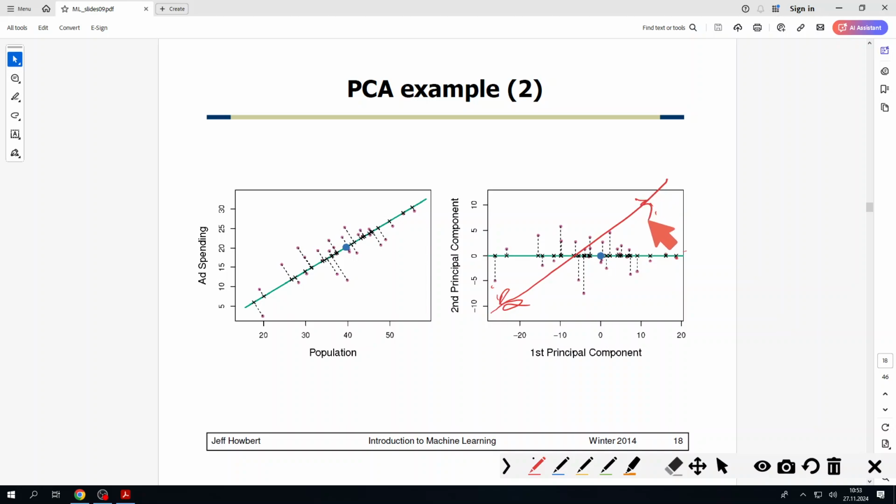But again, I'm not claiming that this is actually the best line that provides the most variance. Maybe there is a better one, and that's exactly what this algorithm does. It calculates it precisely. It doesn't try to guess it. It uses formulas, linear algebra, matrix multiplications, and all that stuff to figure it out. We will have another algorithm suitable for this as well, and I will refer to their differences, but this one is actually optimizing this stuff.